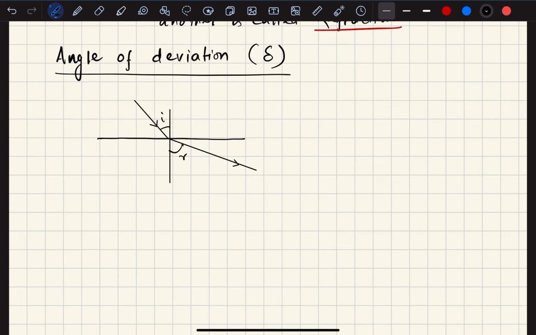If there was no change in medium, definitely this line would have passed like this, but that didn't happen. If you consider this as a line and this as a line, two intersecting lines will have vertically opposite angles, this as I.